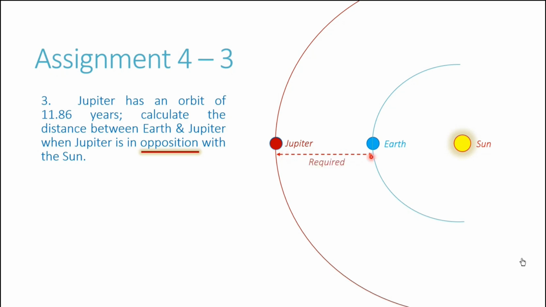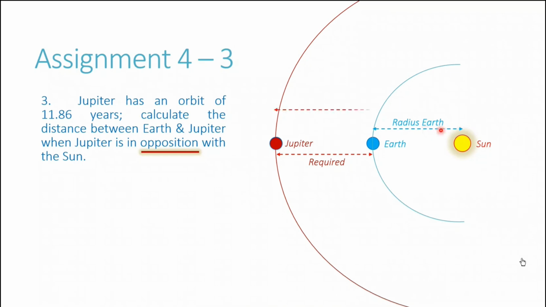Now, how can we obtain this distance? This is what is required. Now, if you look carefully, if we join the center of Earth with the center of the Sun, this is the radius of the Earth. It is represented by the blue color line in the diagram.